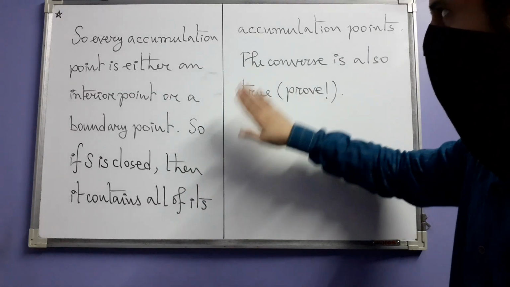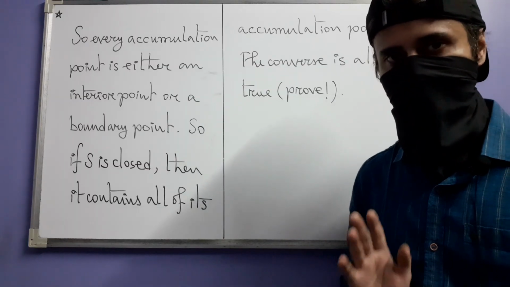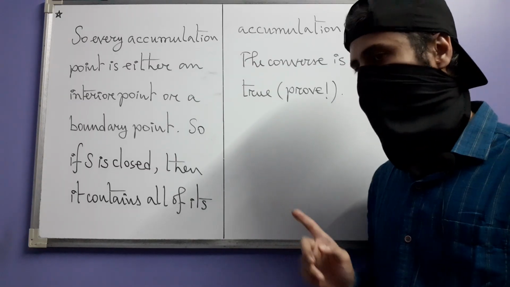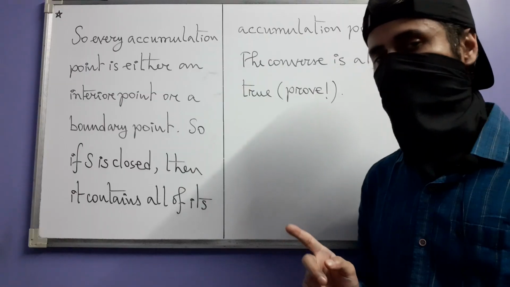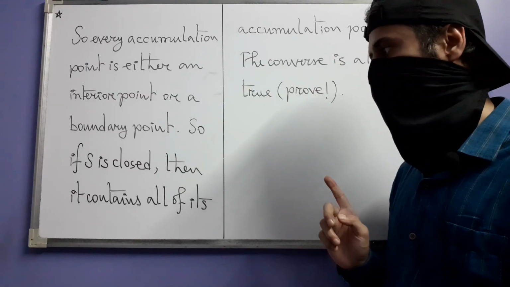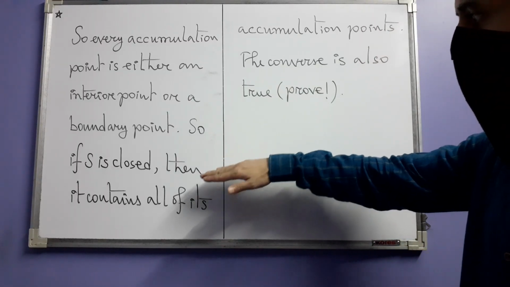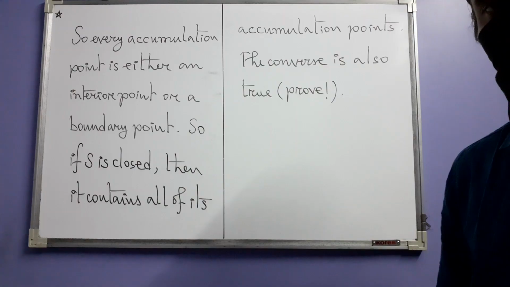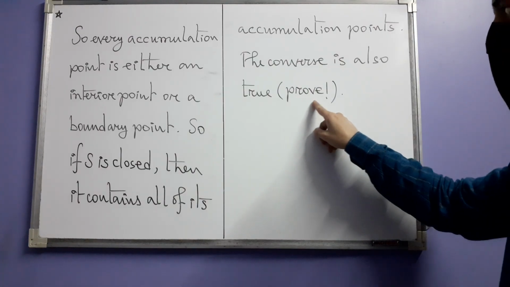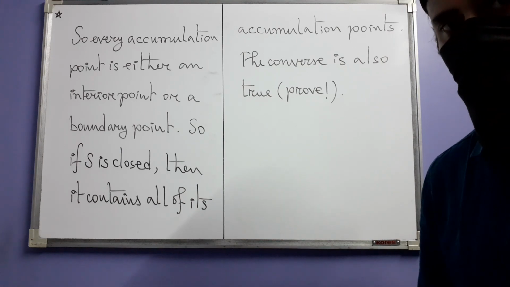And this statement is sometimes taken as a definition of closed sets, that a set is said to be closed if it contains all of its limit points. But before taking that as the definition, you also have to make sure that the converse of this is true as well, which I urge you to prove. It's not very difficult, you can think of it yourself.